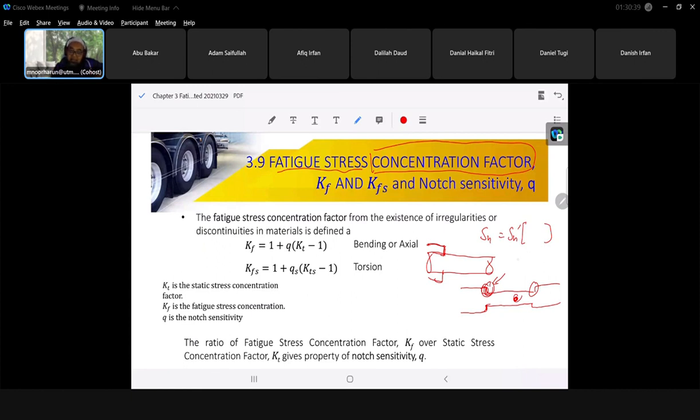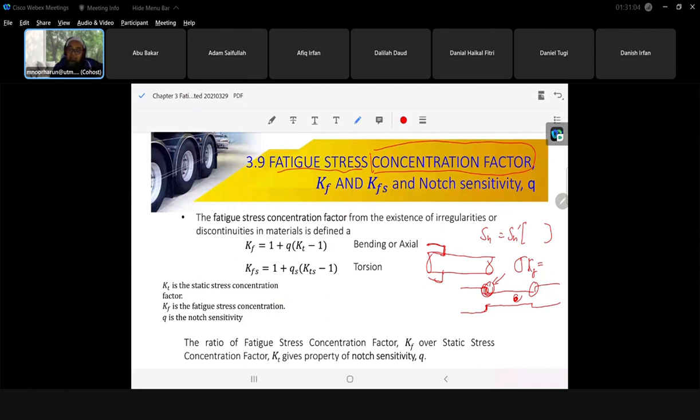So after we calculate the stress, then we need to multiply with this concentration factor. So the stress times concentration factor. Then we will get the corrected, the real.